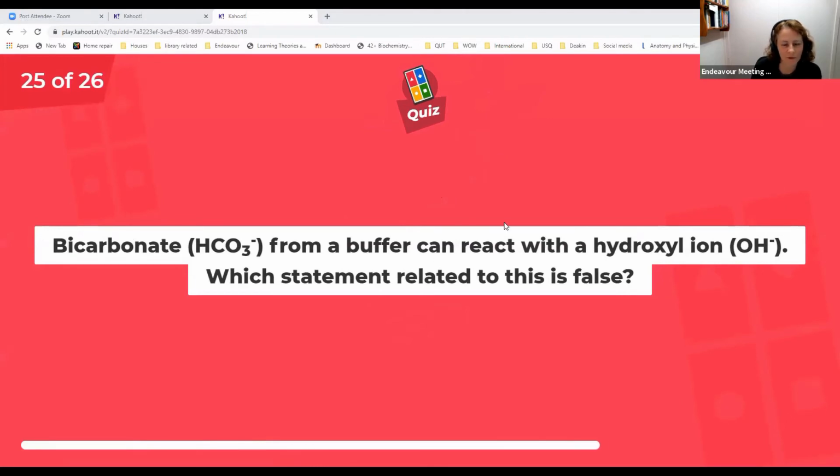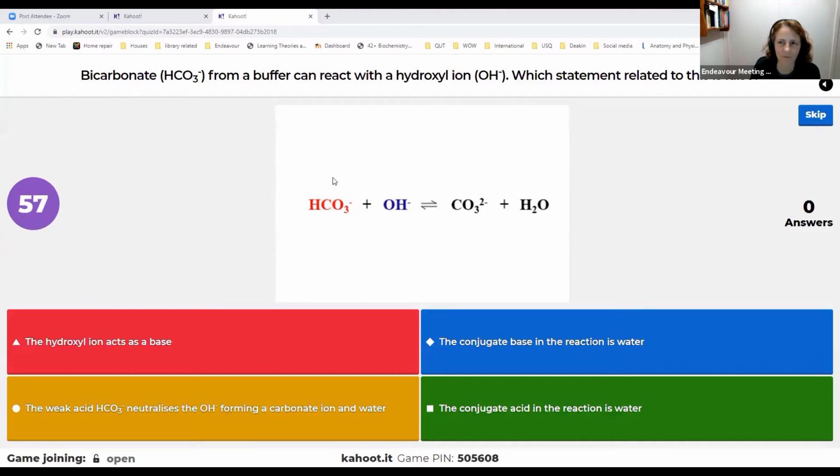Bicarbonate from a buffer can react with the hydroxyl ion. Which statement related to this is false? So here it's saying, is this hydroxyl ion a base? Does the weak acid here neutralize the hydroxyl ion to form these products?